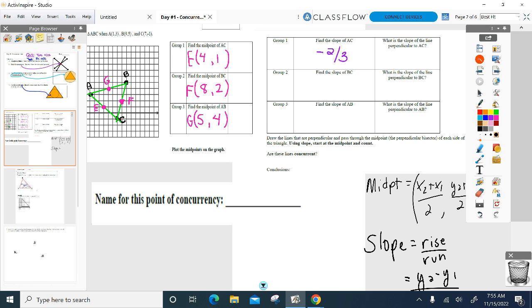Group two, how about the slope of BC? 1/3. One third. BC, 1, 2, 3, 4, 5, 6 over 2, rise over run.